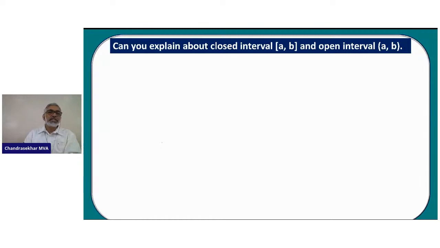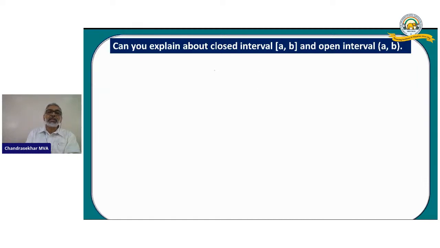Yeah, so this is the first question. Can you explain about a closed interval AB and open interval AB? Most of the students in the examination get confused about closed interval and open interval. While doing the mean value theorems, Lagrange's mean value theorem and Rolle's theorem, you generally commit mistakes by writing the closed interval and open interval.